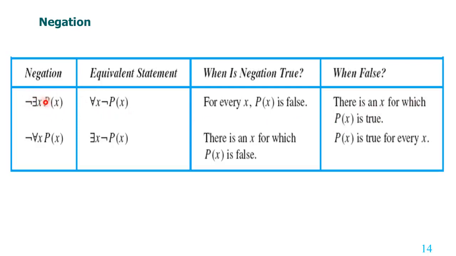Similarly, when we use the negation operator for for all x P(x), it will be there exists x not P(x). The negation is true when there is an x for which P(x) is false. When false, P(x) is true for every x.